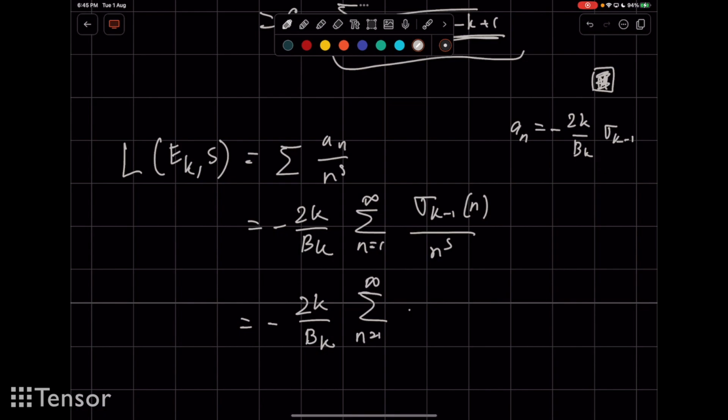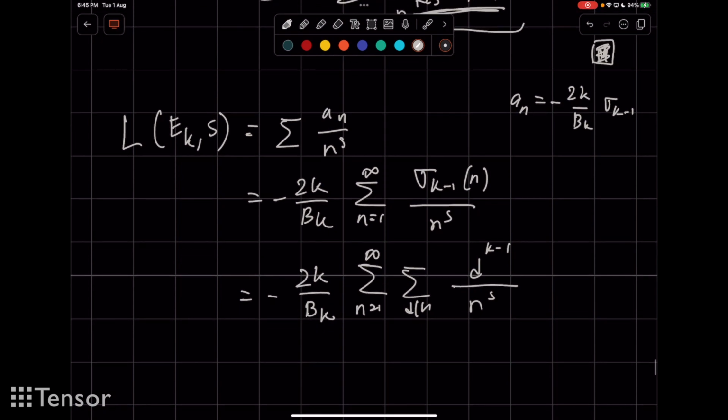Let's write it as a double sum: the sum over n of 1 over n to the s times the sum of d to the k minus 1, over d dividing n. Now let's write n equals m times d.